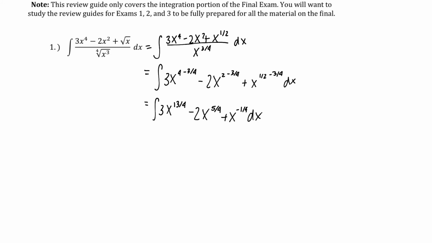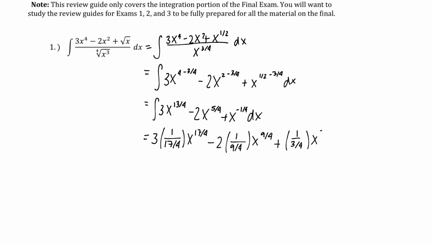And then I'm integrating. So if I add 1 to 13/4, I'm going to get 17/4, x to the 17/4, minus 2, and then this will be 1 over 9/4, x to the 9/4, plus adding 1 to negative 1/4, you get 3/4, plus c.